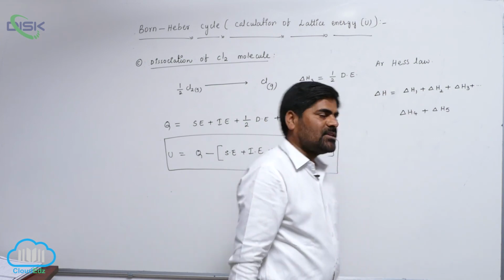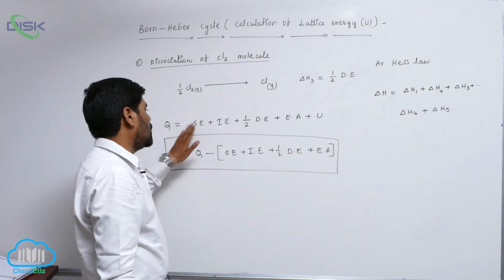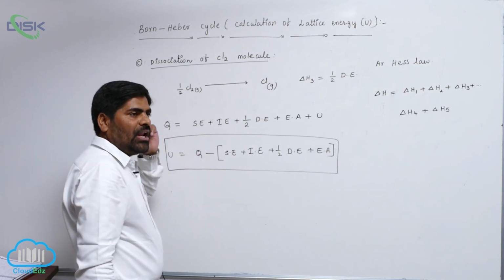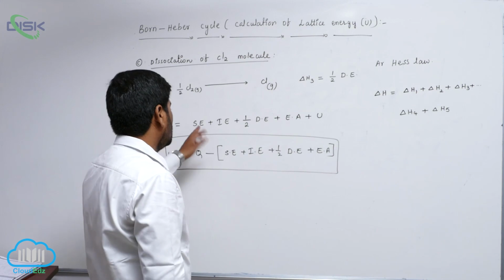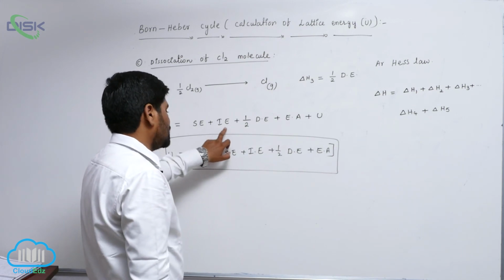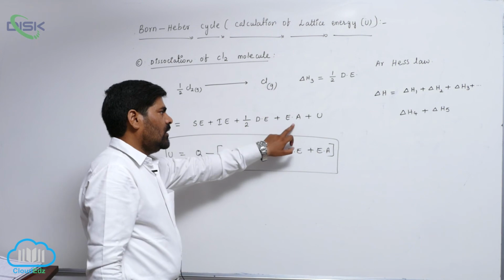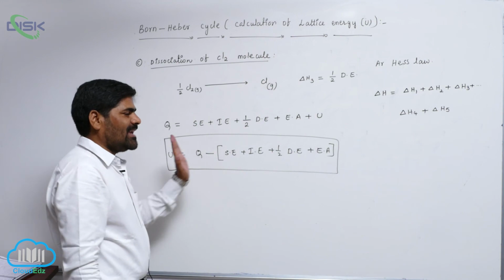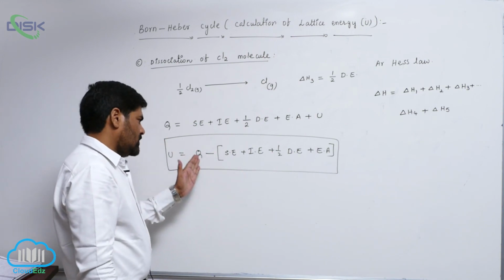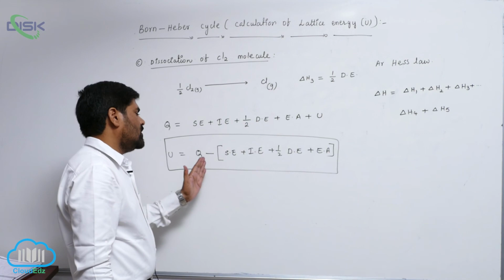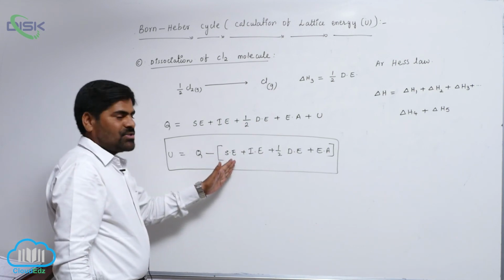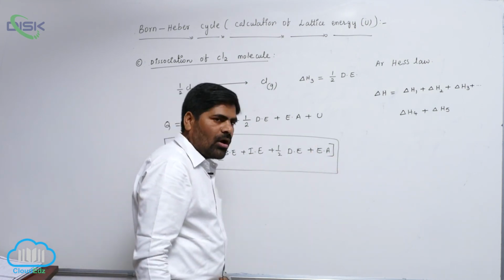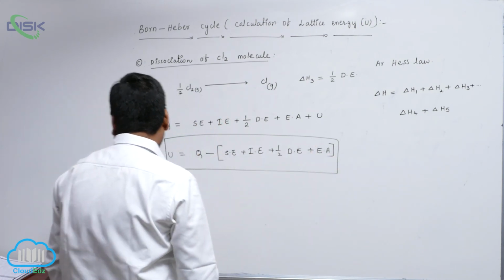So Q, the heat of reaction, is the sum of sublimation energy, ionization energy, dissociation energy, electron affinity and lattice energy. Therefore lattice energy equals heat energy minus sublimation energy, ionization energy, dissociation energy and electron affinity.